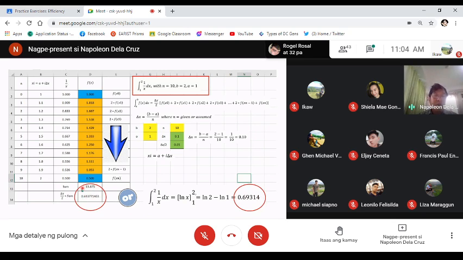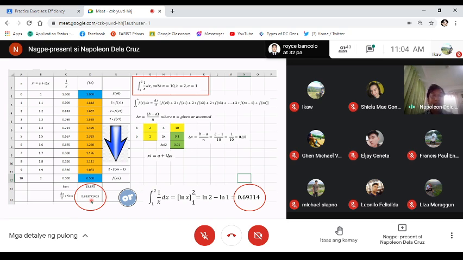So, tingnan natin. Using numerical integration, we have the value here, 0.6937. And the direct integration gives 0.69314. Kapag pinag-uusapan natin ay 3 decimal places lang, pareho silang halos, di ba? Nagkakaiba lang sa pang-4th decimal place.